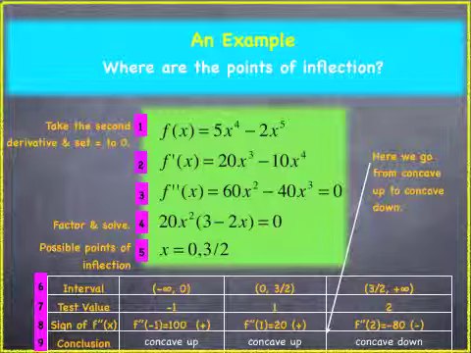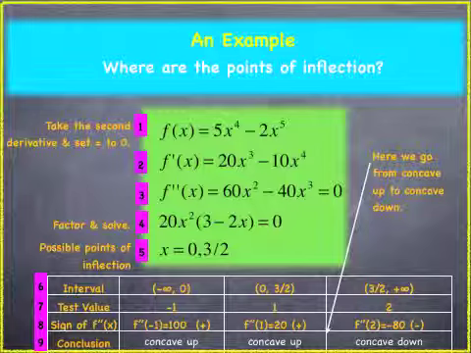So we go ahead and do that in steps 2 and 3. We factor in step 4, and in step 5 we solve, and our x values in this particular case are 0 and 3/2.